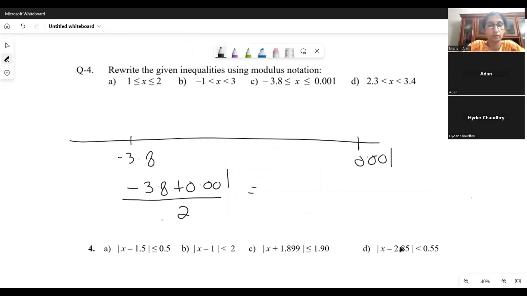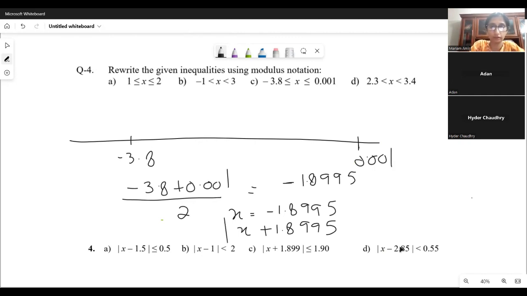Minus 3.8 plus 0.001 divided by 2 gives negative 1.8995. Yeah, okay. And then I'm going to write x equals negative 1.8995. Is that what you guys get? Did you get this? And then you place modulus around this.